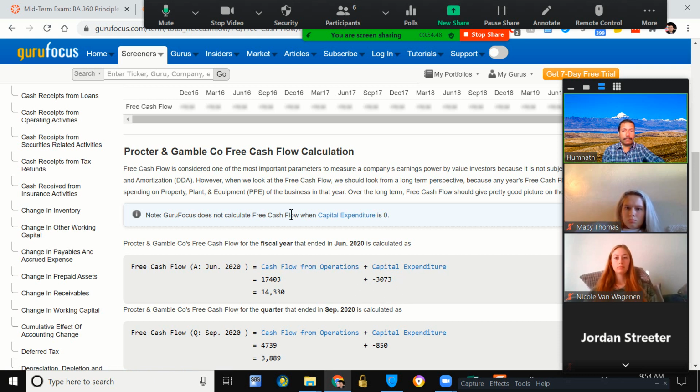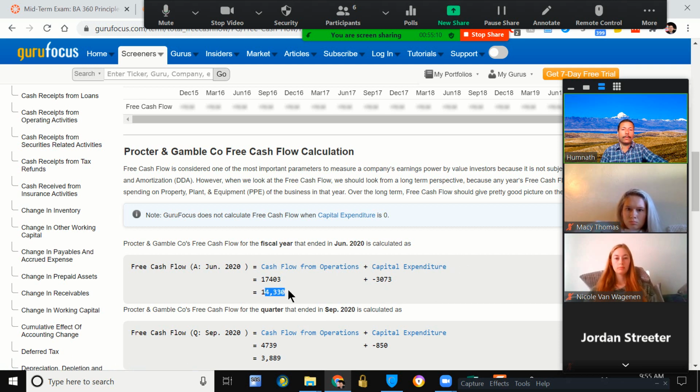For some reason this capital expenditure is in minus. I don't know, because in the financial statement I would like to put everything as plus. Anyway, you have cash flow from operation plus capital expenditure. That is the actual free cash flow.